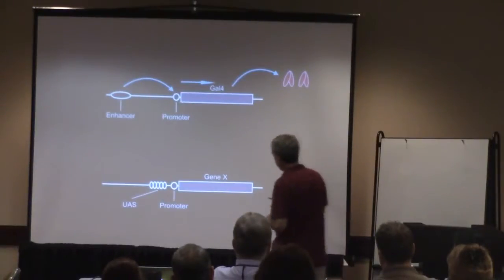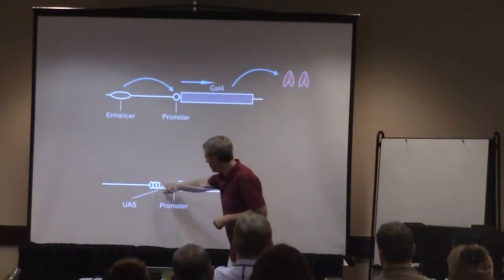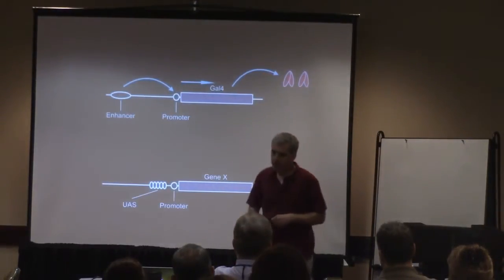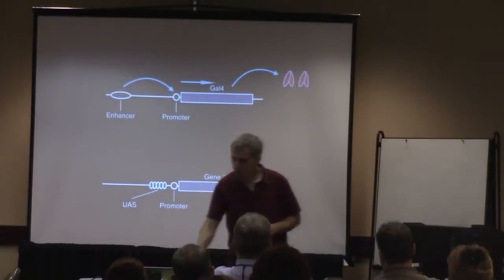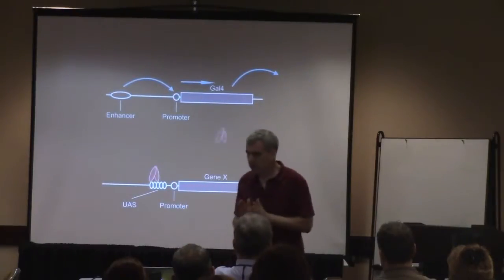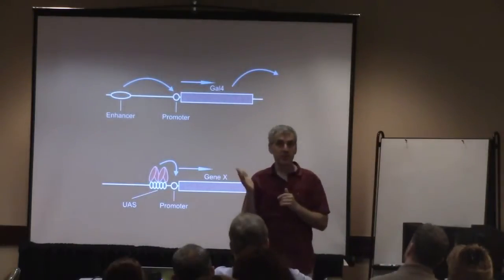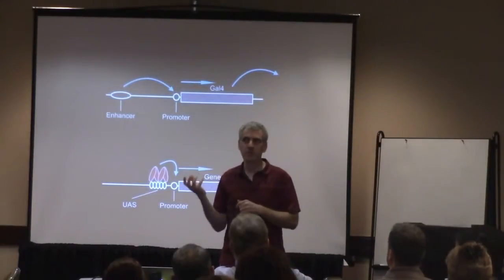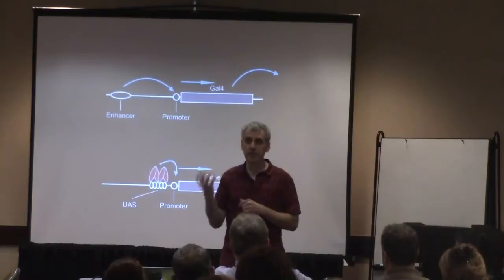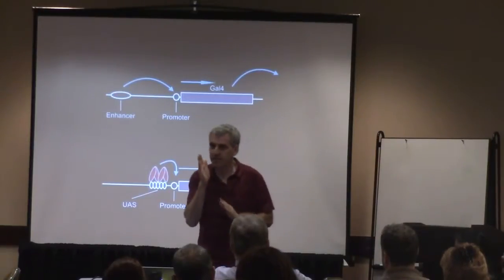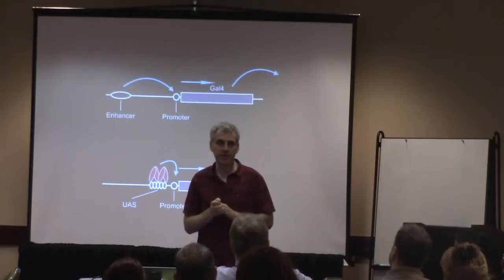So we can also put into the fly another gene that has the target sites for the GAL4 protein. And when that protein finds that target site, it will activate any gene of interest. And that gene of interest can be a neurotoxin. It can be a gene that will kill the cell. So you can ask, what happens if I get rid of the activity of that neuron in the brain?